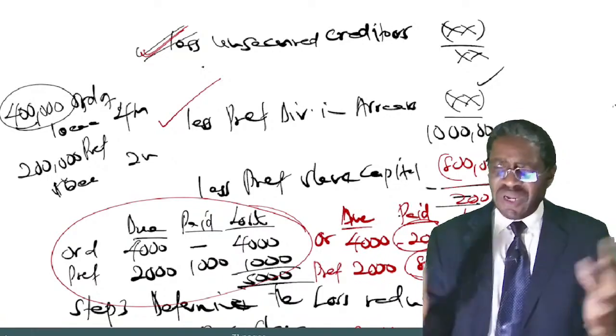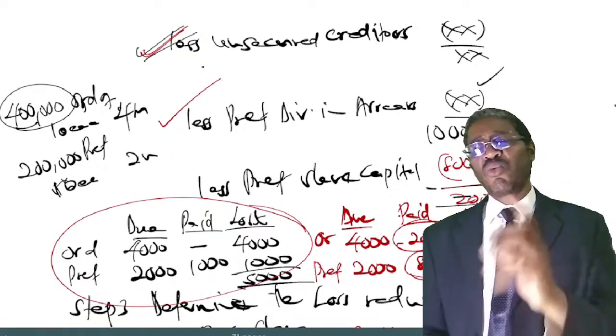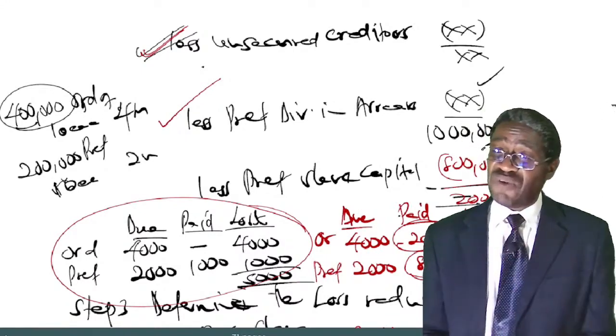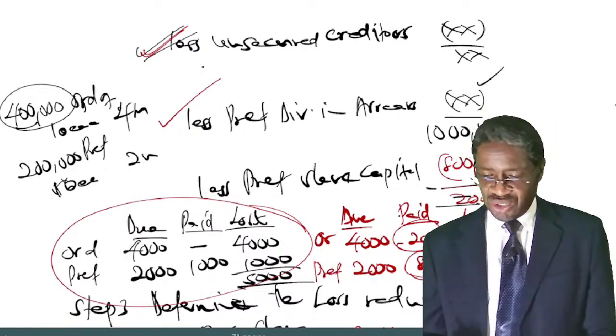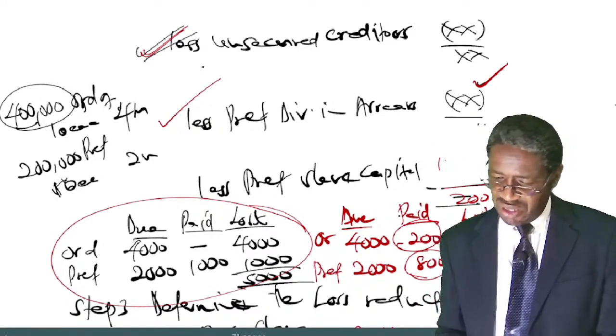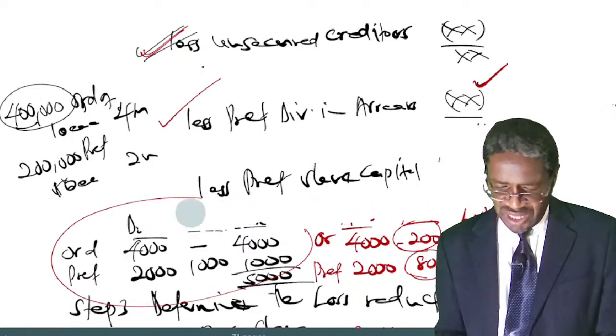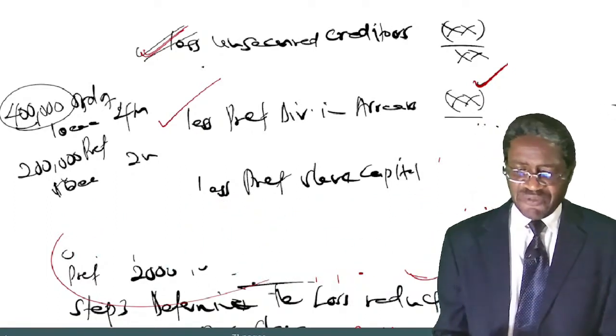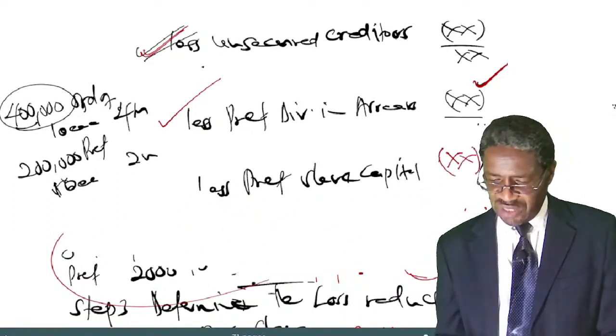So we said normally, in order of priority, what should be paid first to them? We said the first thing that should be paid is the arrears. So assuming you paid the arrears and money was still remaining, after that, we said you now pay them their preference share capital, whatever it is.